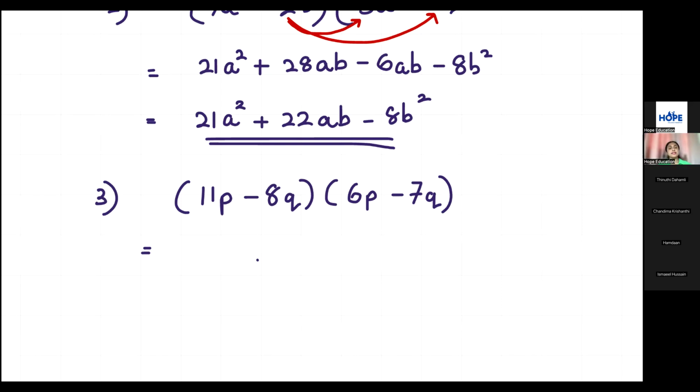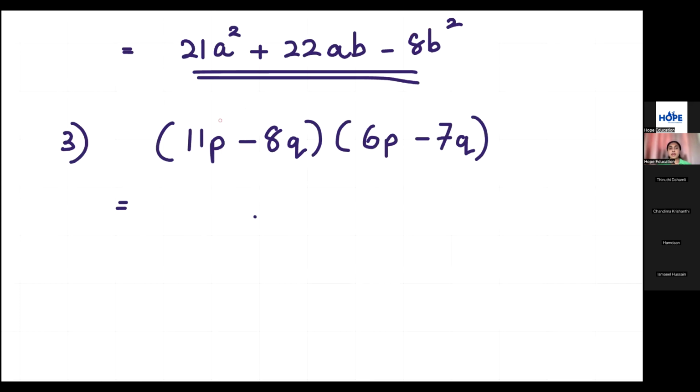Okay. Let's see. 11p multiplied by 6p. 11 multiplied by 6 is 66. P multiplied by p is p squared. This has plus, this has plus. So plus times plus answer also is plus. So we don't have to put it. 11p multiplied by minus 7q. 11 times 7 is 77. P times q is pq.